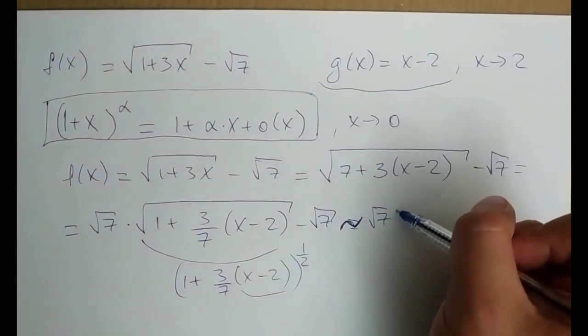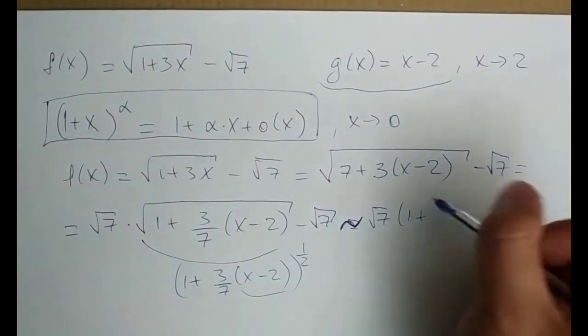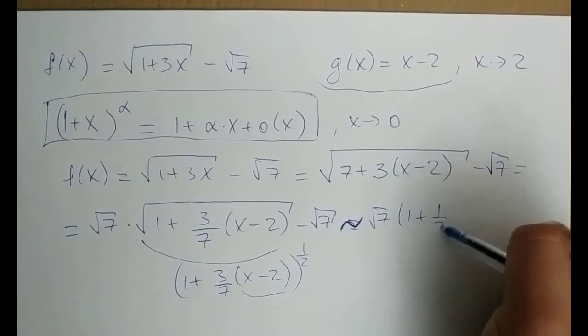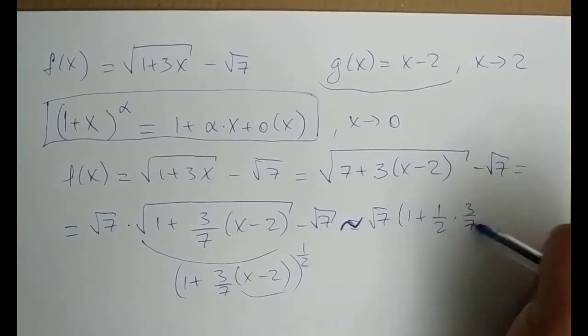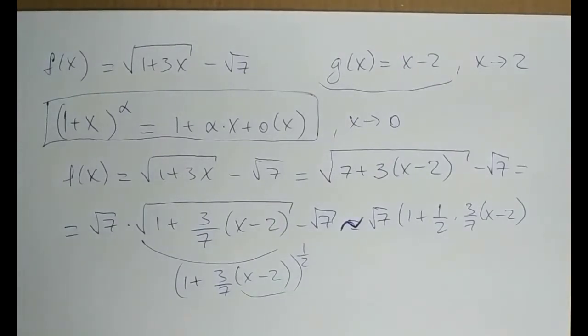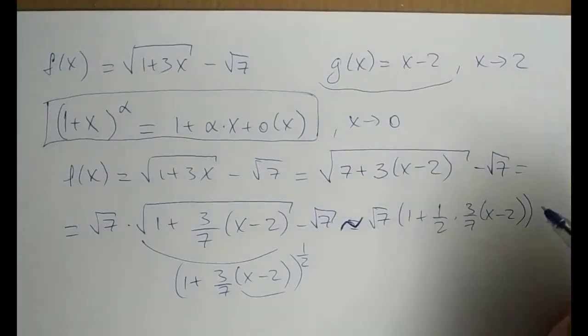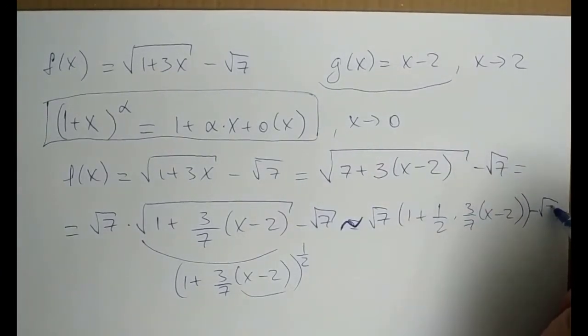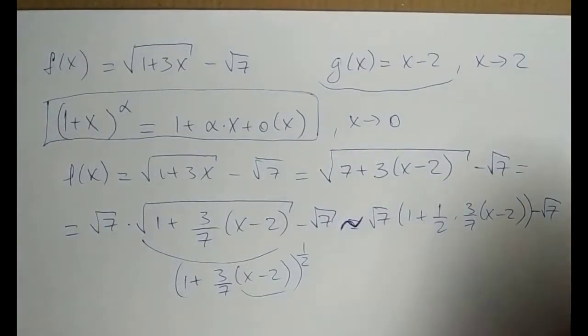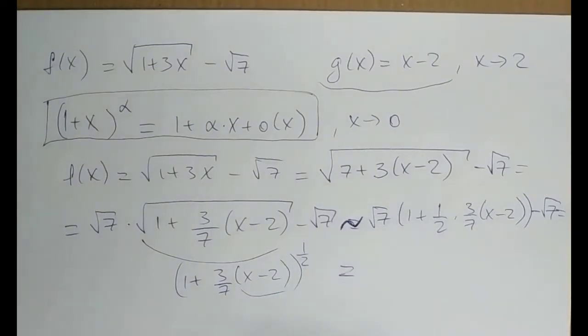So here we have 1 plus alpha times x, so it is 1 over 2 times 3 over 7 times x minus 2, and close the brackets. And minus square root of 7. So if you simplify this expression, you get the next one.